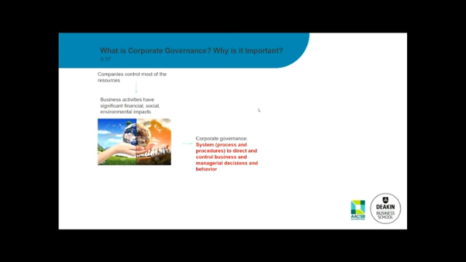Why is it important? Because I think the stakeholders recognise that corporate governance adds value to companies, and companies that are very conscious of corporate governance tend to perform better on the market anyway.